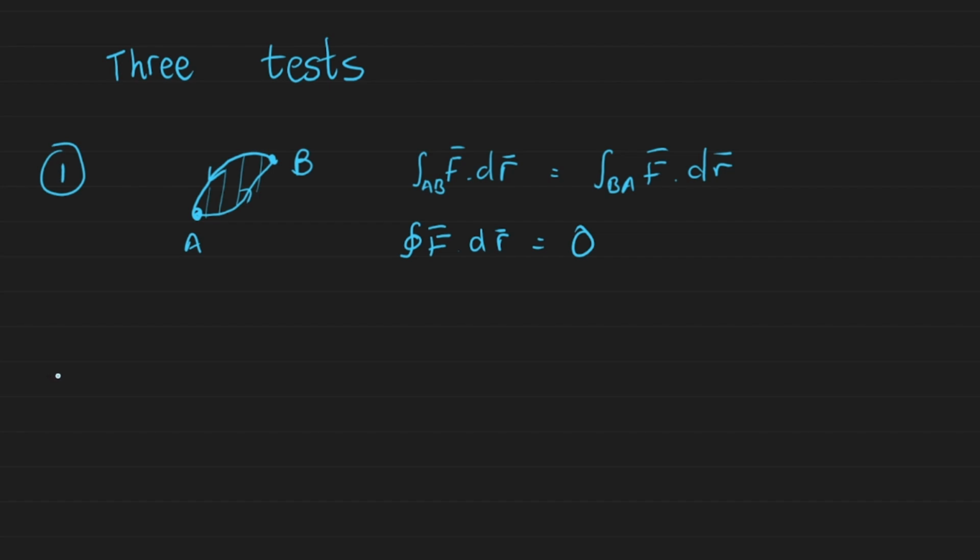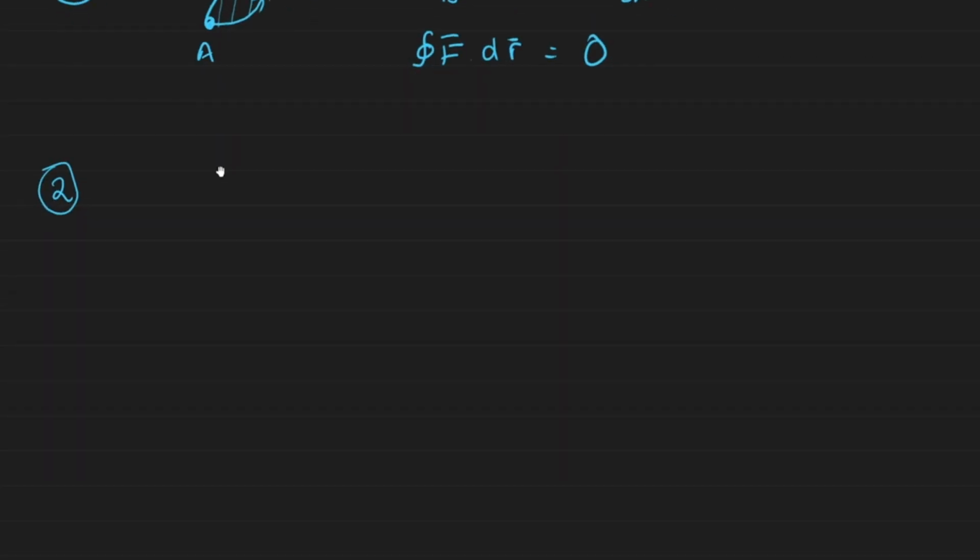The second way to do it is to understand a property of conservative vector fields. This one says that if we have a conservative vector field f, it means that we can write f as the gradient of a scalar field.